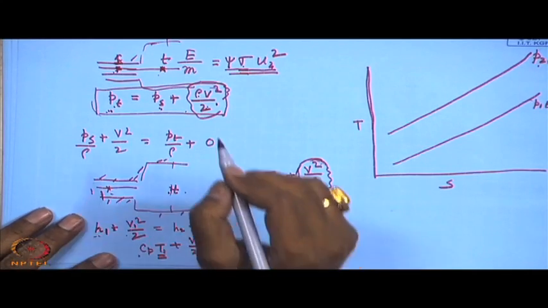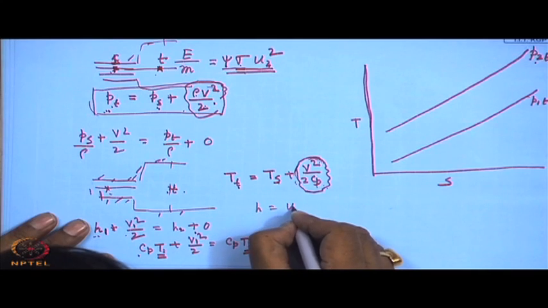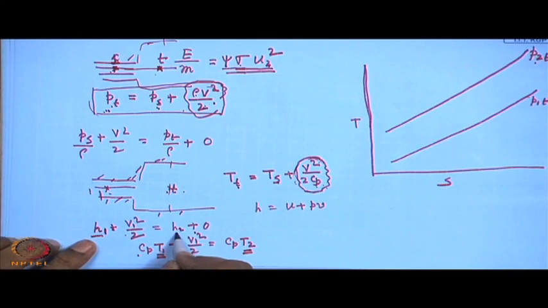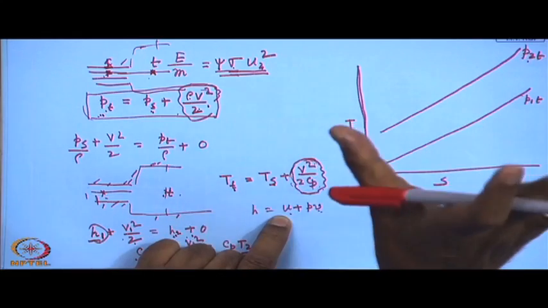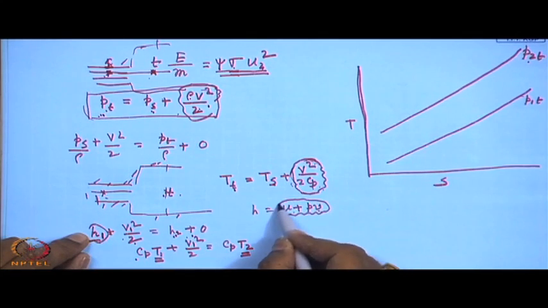I will just explain it again for your concept to be clear: H is U plus PV. So whenever we make this balance, H1 plus V1 square by 2 is H2. Within the H, this U and PV adjustment will be made by the friction. That means whether friction is there or not will depend upon this distribution between U and PV.